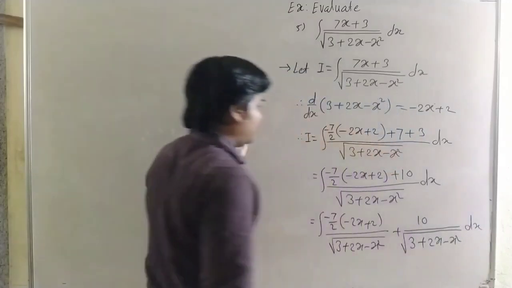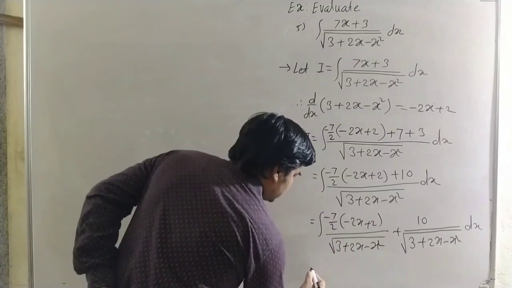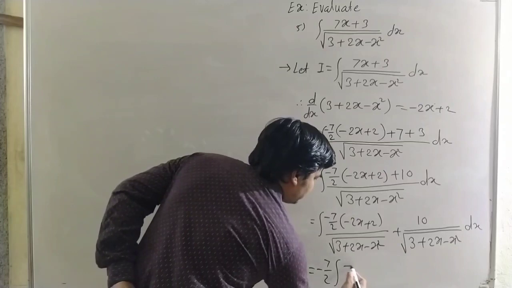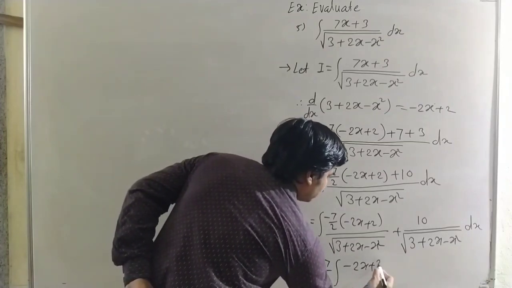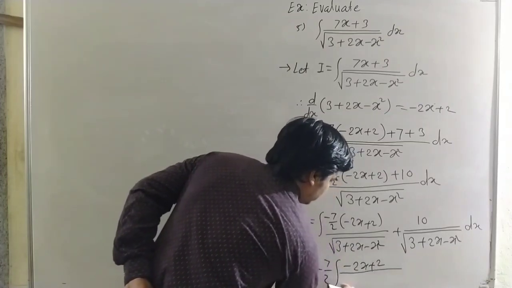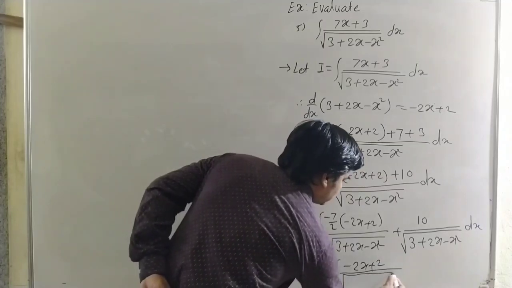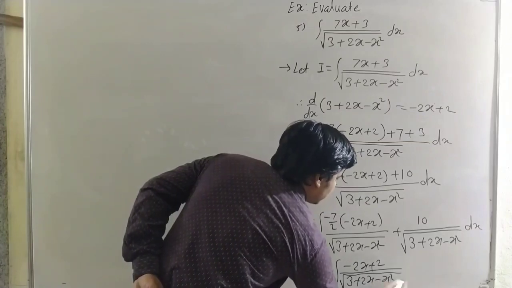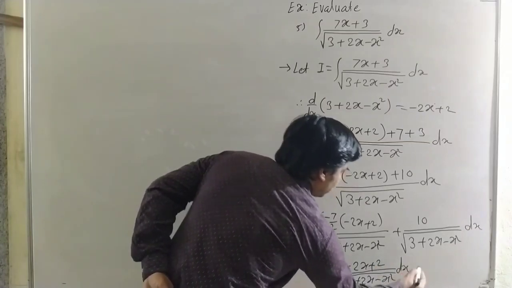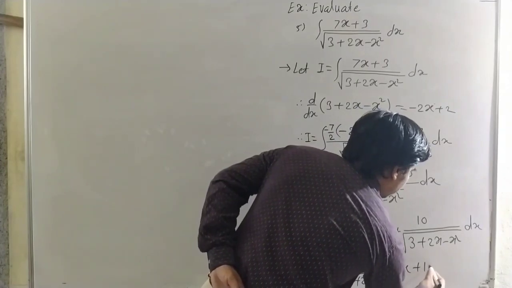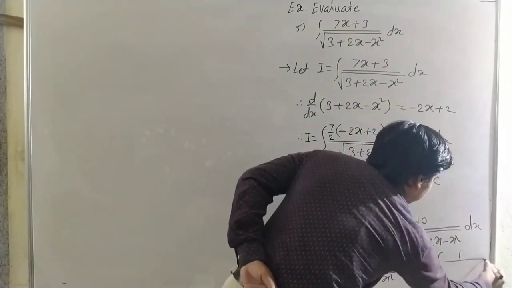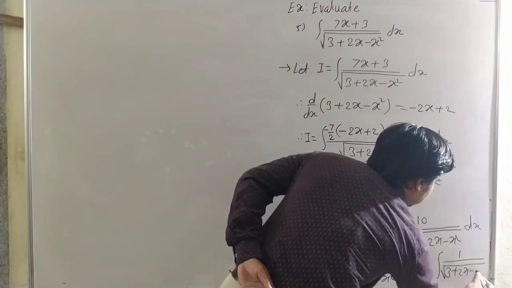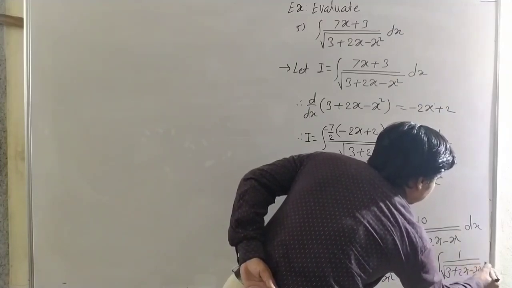We can only separate the numerator over the denominator. Now we can separate the integral, that is minus 7 by 2 into integral of minus 2x plus 2 upon under root of 3 plus 2x minus x square dx, plus 10 into integral of 1 upon under root 3 plus 2x minus x square dx.